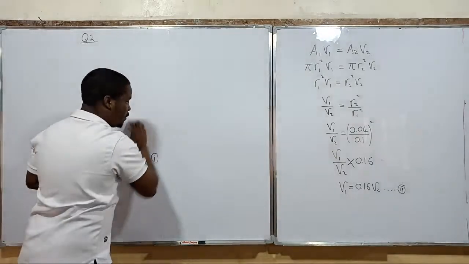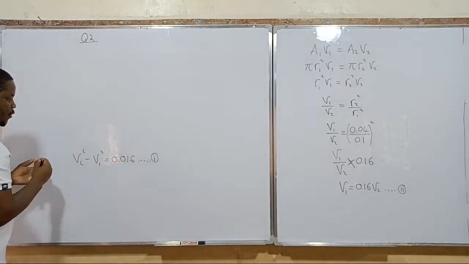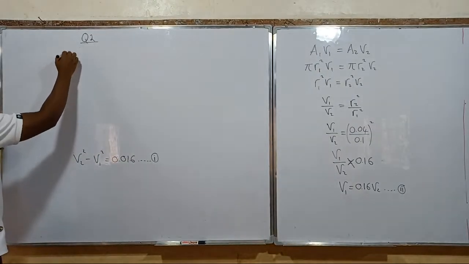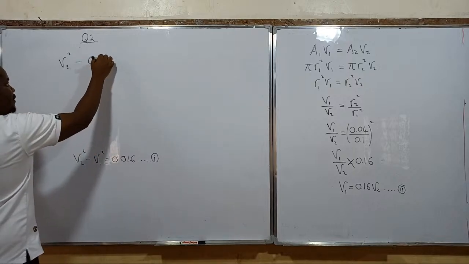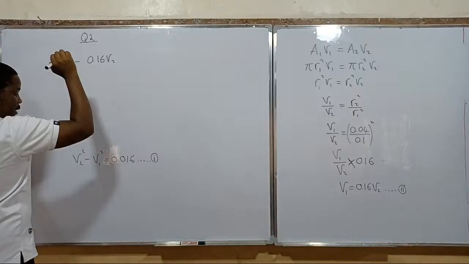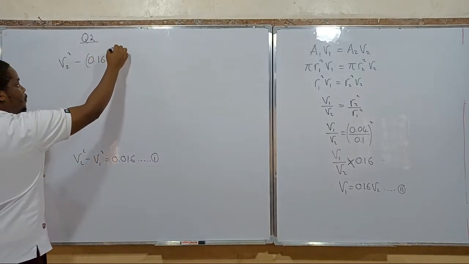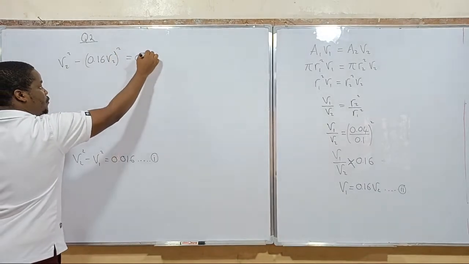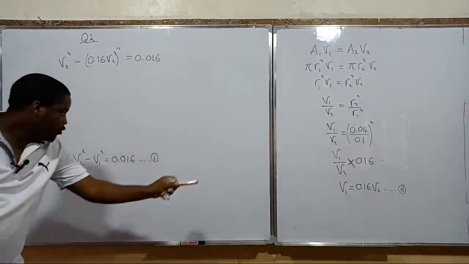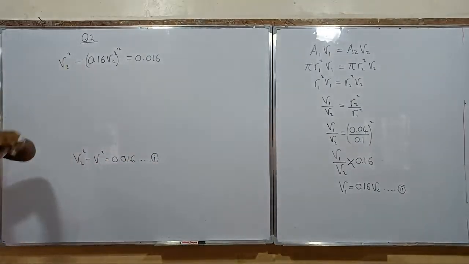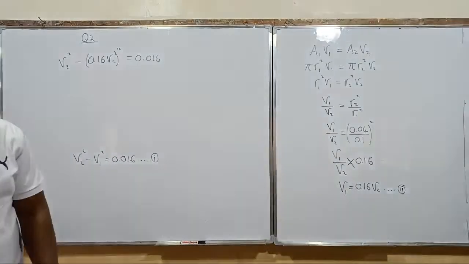In the first equation, where there's V1, we'll substitute with that. So it becomes V2 squared minus, where there's V1, we'll put 0.16 V2 in brackets because there's a square, squared, equal to 0.016. So I've just substituted equation 2 into equation 1. What is 0.16 squared?